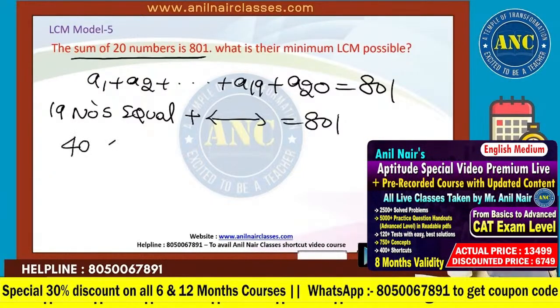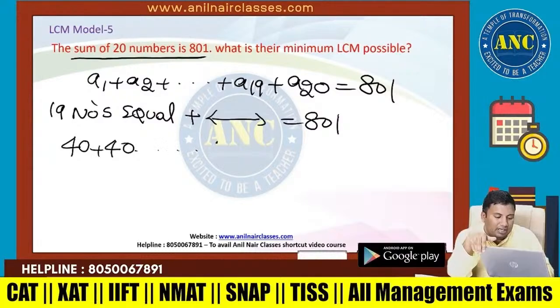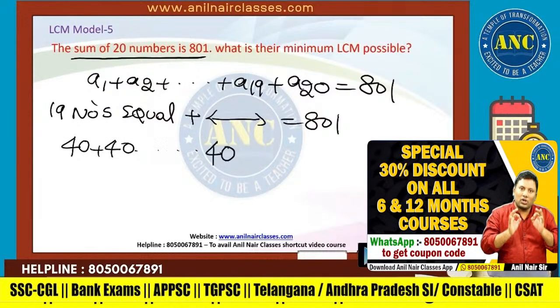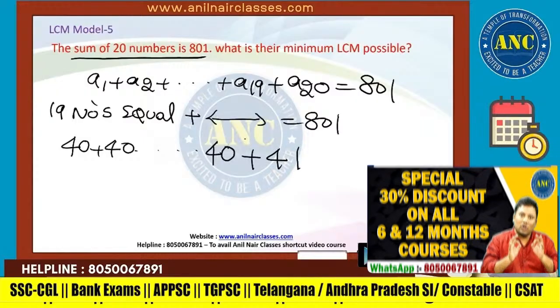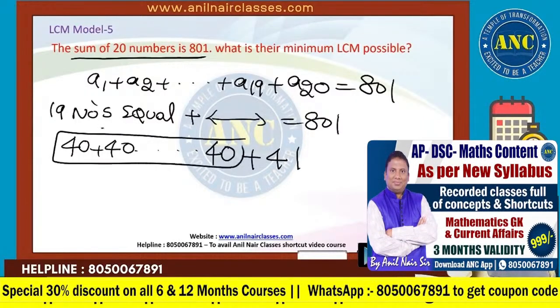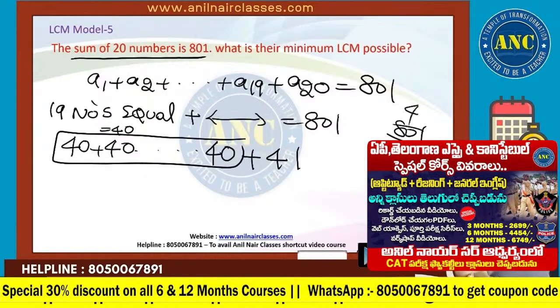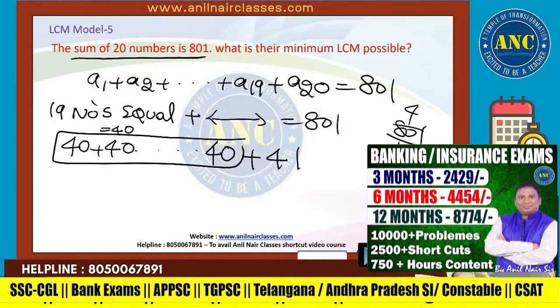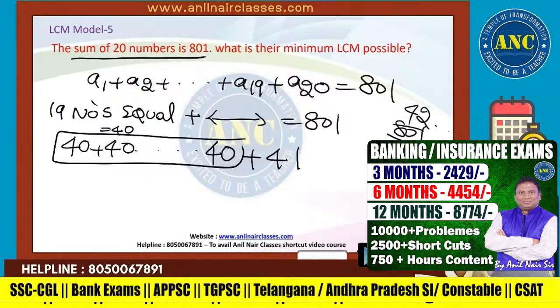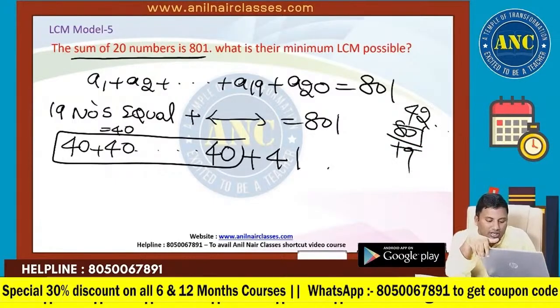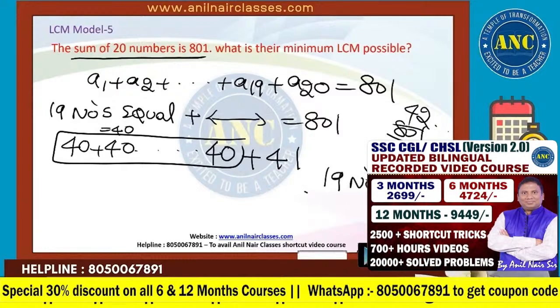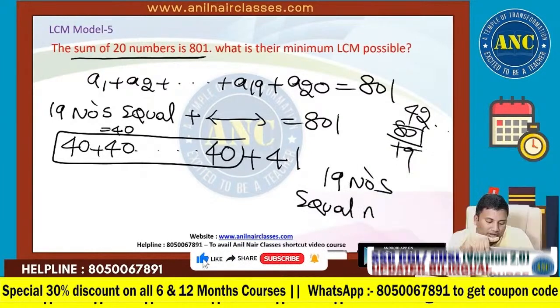If I take 19 numbers as 40, 19 times 40 is 760, remaining is 41. Which number should I make equal? 801 divided by 19: 19 twos are 38, so the 19 equal numbers should be around 42.